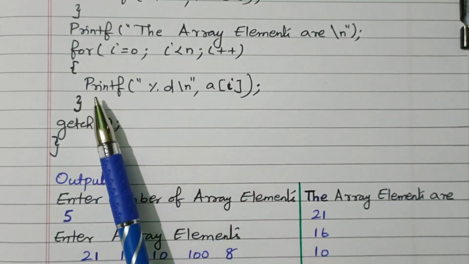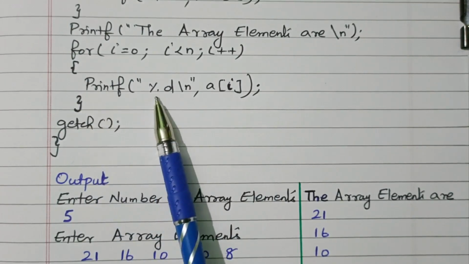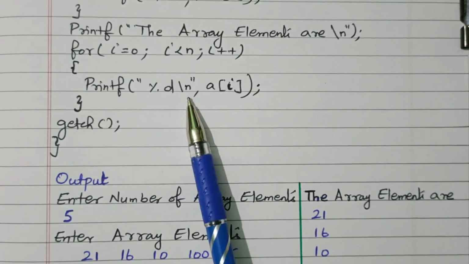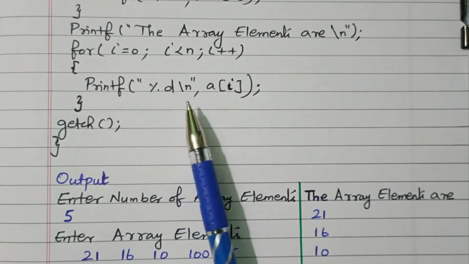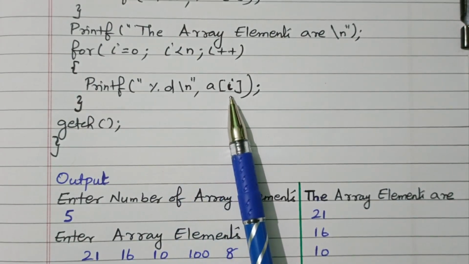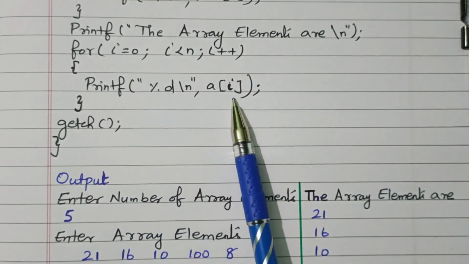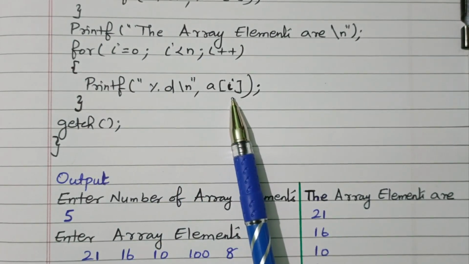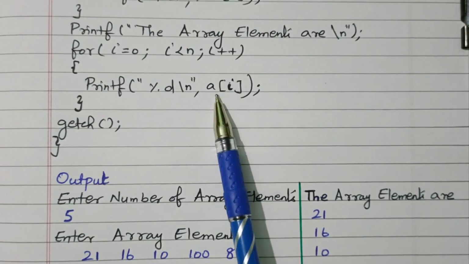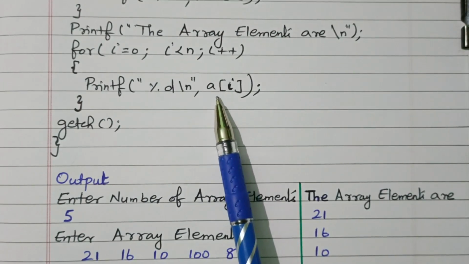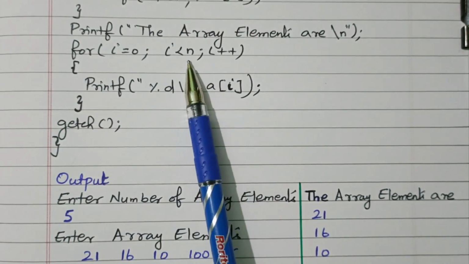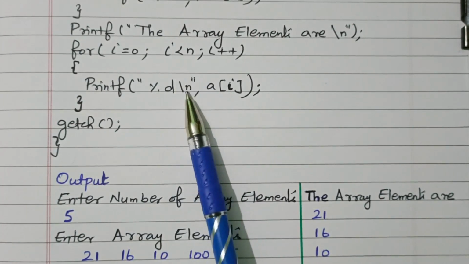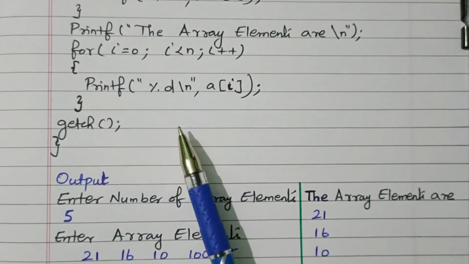Earlier we had scanf, now printf("%d\n", a[i]). The \n refers to going to the next line after printing one data. What is the value of i here? 0. So first it will print a[0]. After increment it will print a[1], 2, 3, 4, up to 4. a[5] is invalid, the condition is false, so the loop is terminated.